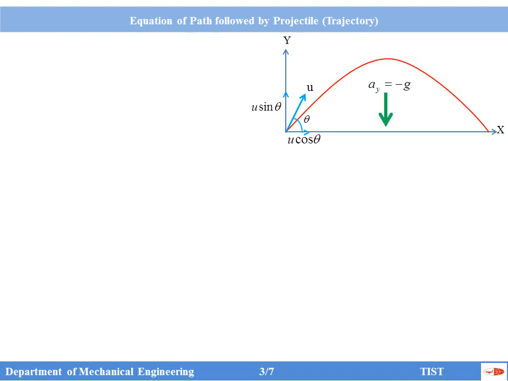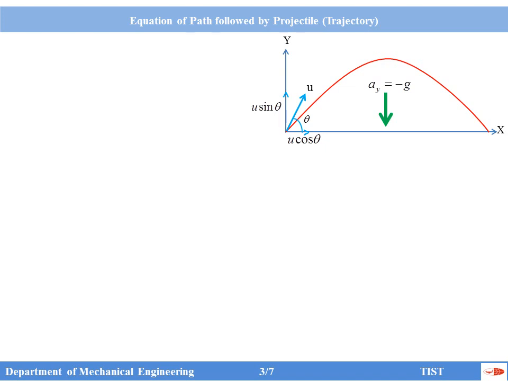Now the only force acting on a projectile is the gravitational force, which is acting in the vertical direction or y direction. So the only acceleration acting on the projectile is ay, in the vertical direction, which is equal to g. There is no force acting in the x direction on the projectile.